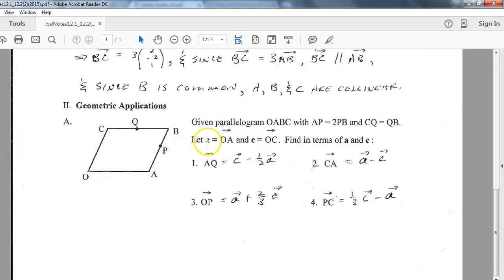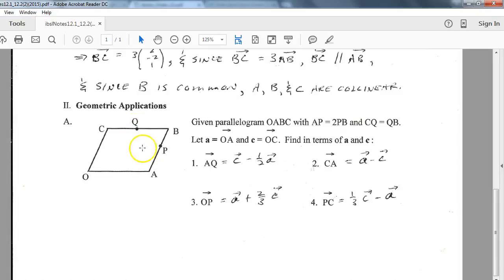So little a, vector A, is from O to A. So I would put a little a right there. I'll put a little c right there for OC, because everything now has to be done in terms of vector A and vector C. For example, on the first one, for AQ, if I want to go from A to Q, how would I get there?